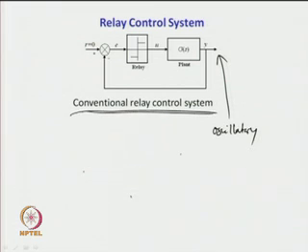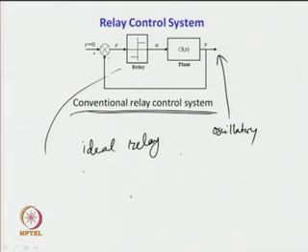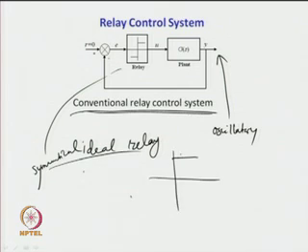So, in a conventional relay system, a symmetrical ideal relay is put, and the symmetrical ideal relay is shown by the diagram of this form, where this is the input to the relay and this is the output from the relay.